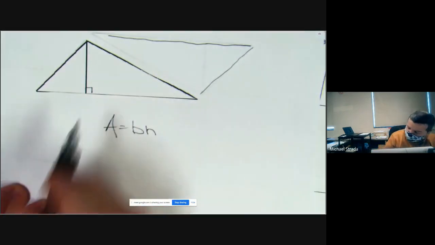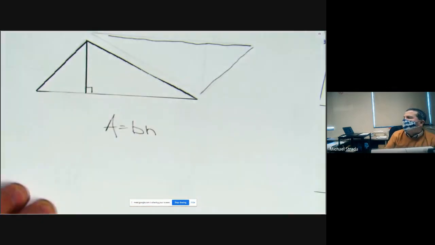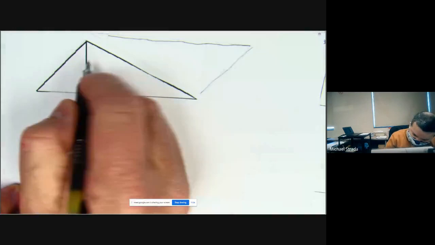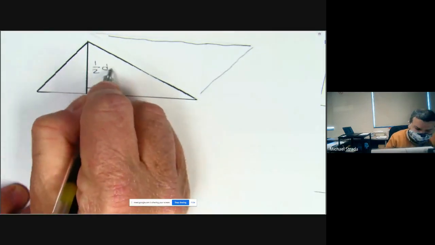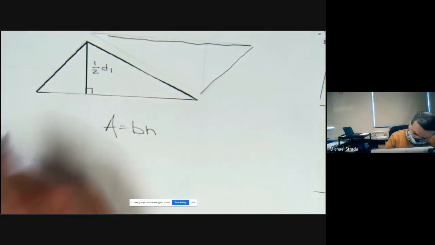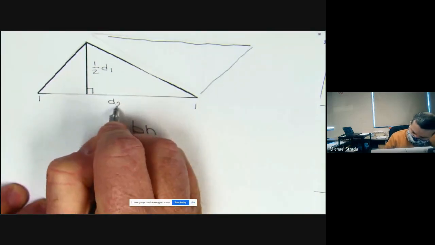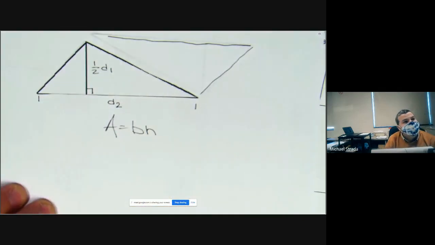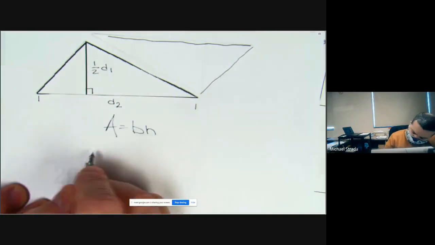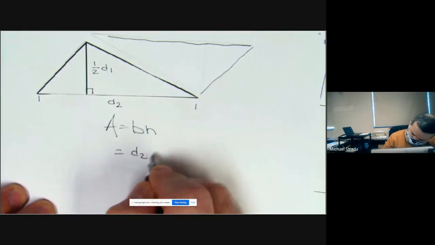Well, that's a diagonal, but what fraction of the diagonal? It's half. It gets bisected. Everybody remembers that from chapter 6? So that's 1/2 D1. And then right here, we have the whole length of that diagonal. So the base is D2, and the height is 1/2 D1.